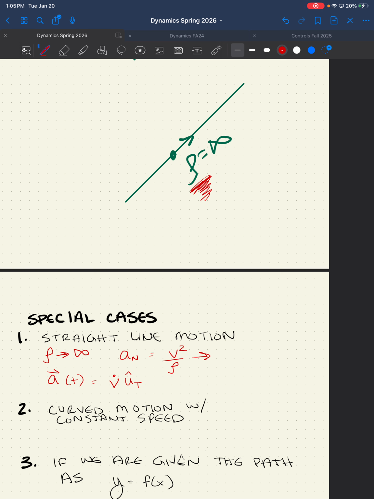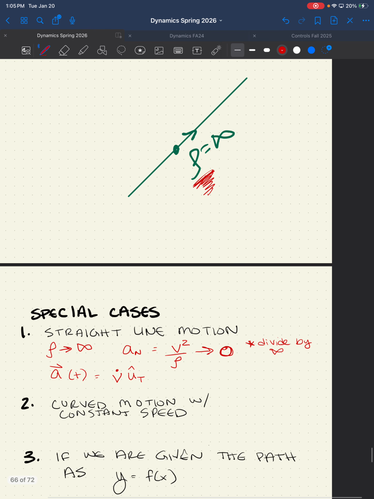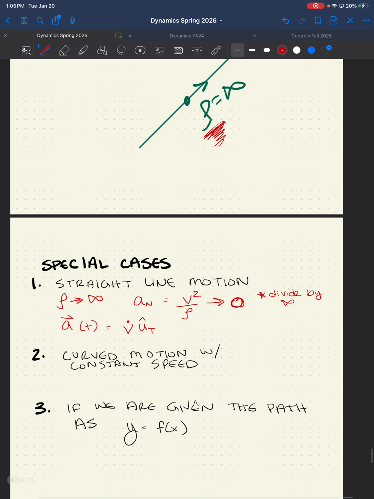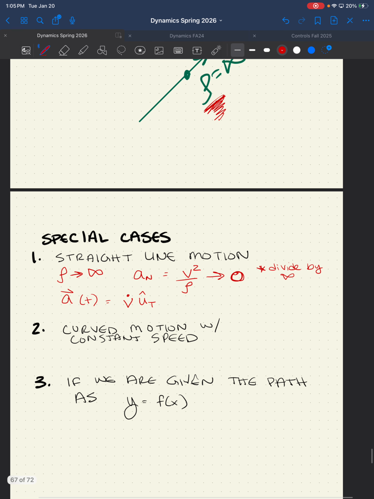So if we are given the path as y equals f of x, then rho we can find as 1 plus dy dx squared all to the 3/2 divided by d squared y dx squared.